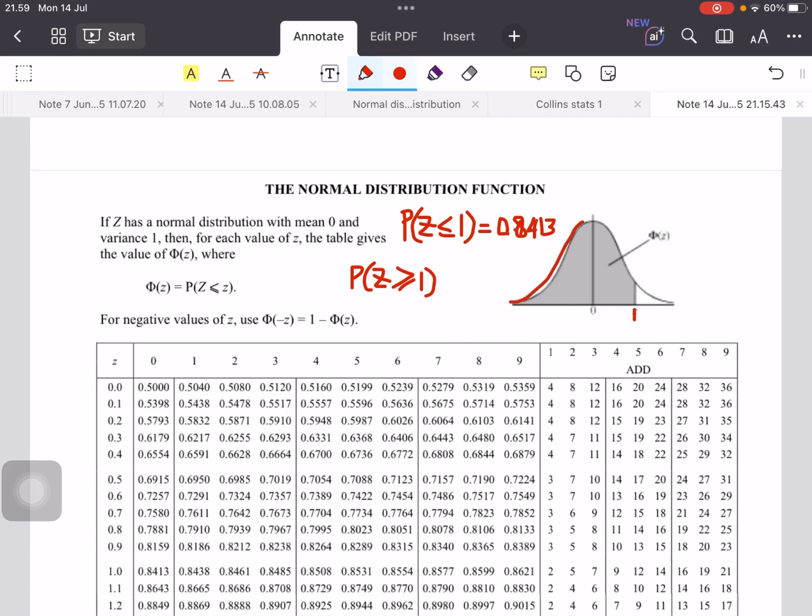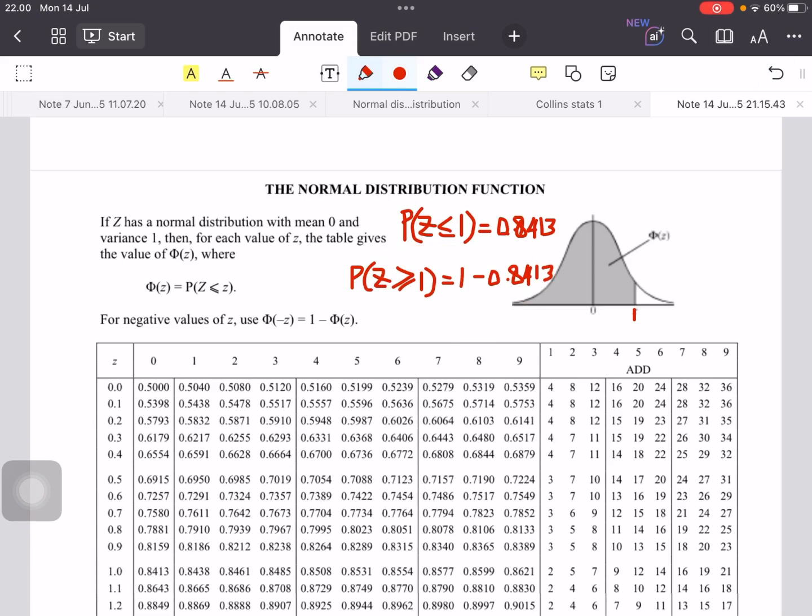So it can be easily found by subtracting 0.8413 from 1. So 1 minus 0.8413. It can be easily found using this method.